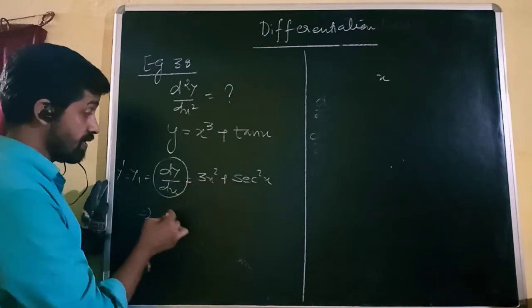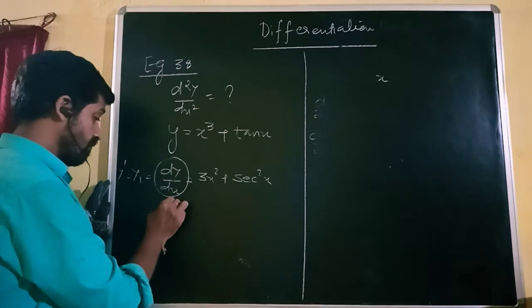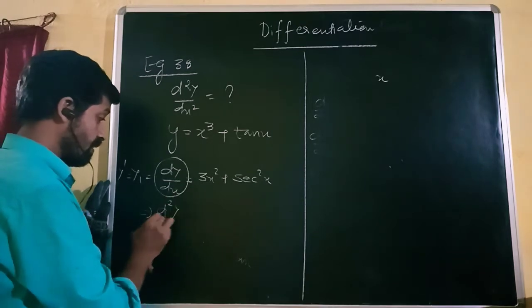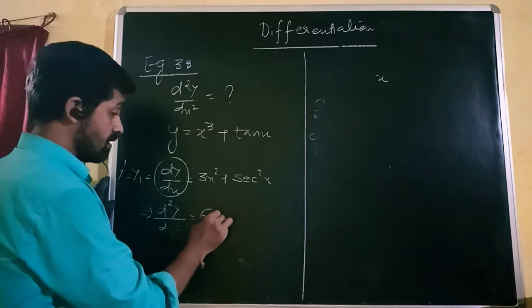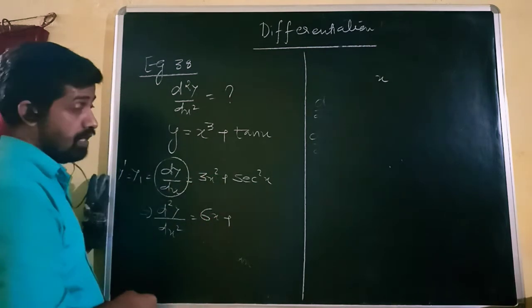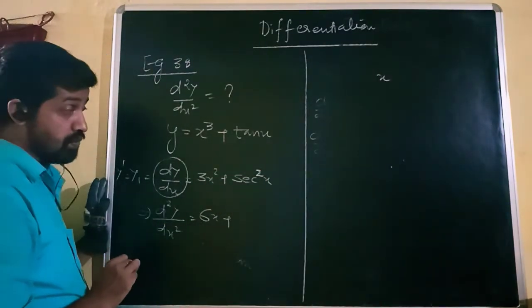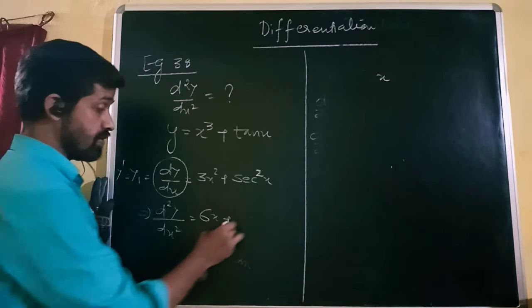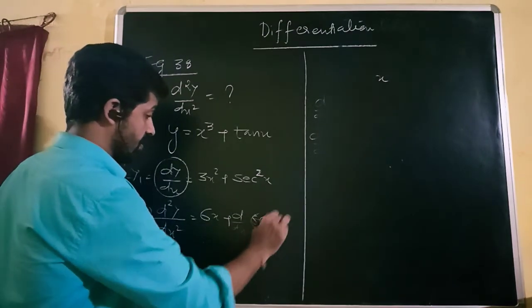Now we differentiate it further with respect to x, both the sides. So we get d square y upon dx square as 6x, and here we have to apply chain rule. To apply chain rule, I will explain you this way.